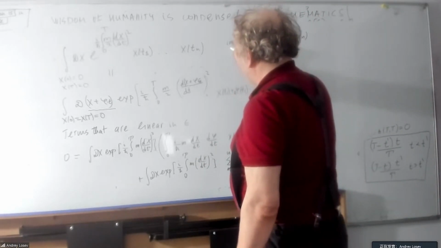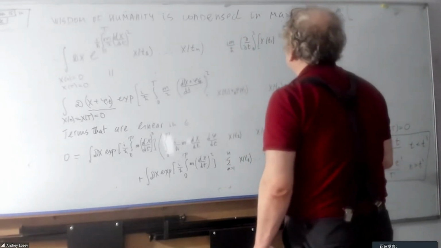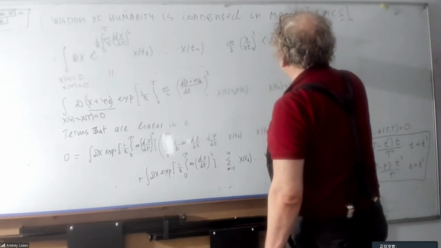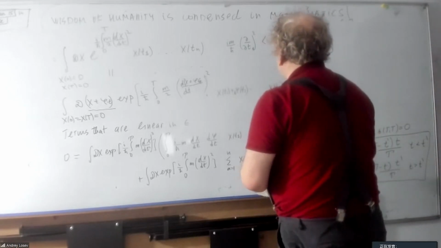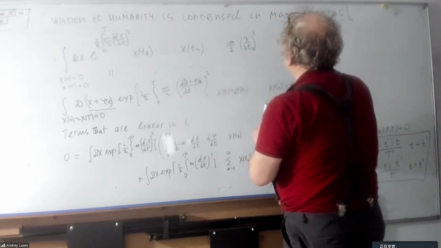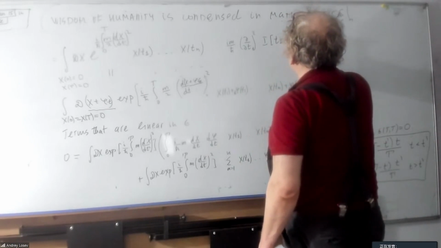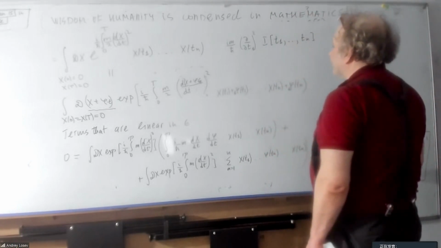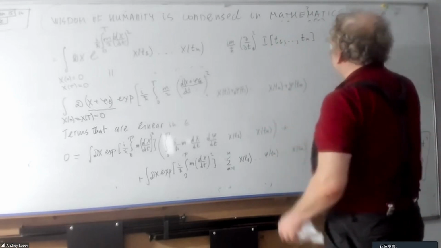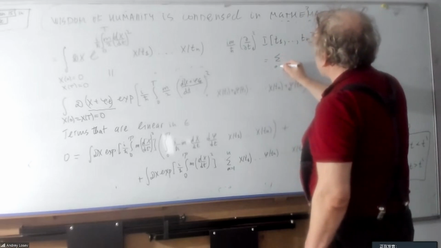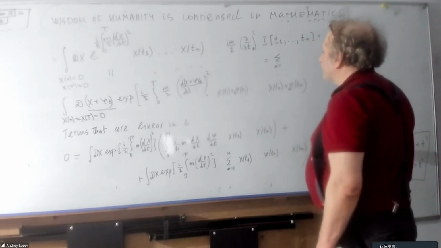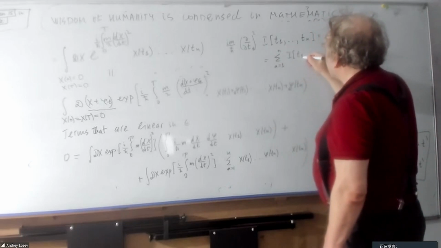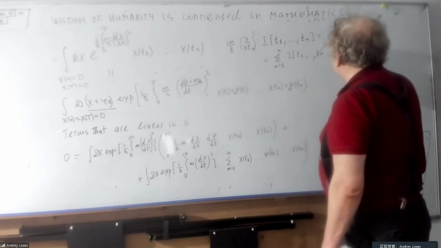I am sorry. It is a sum from a, starting from 1 and going to n, of I, T1, Ta excluded, Tn.